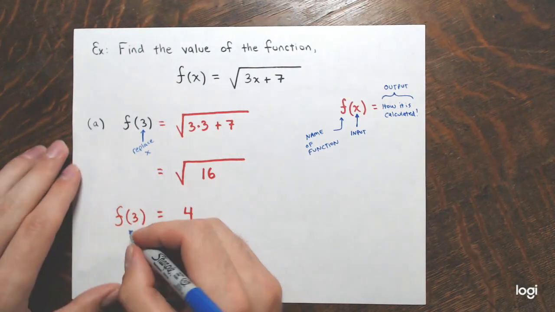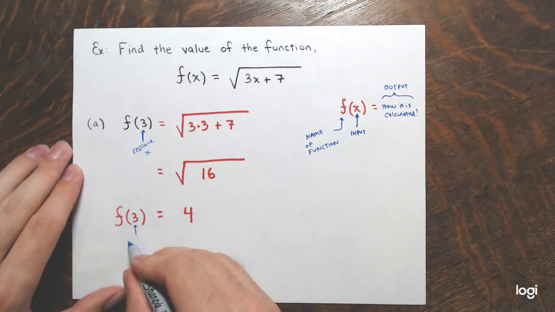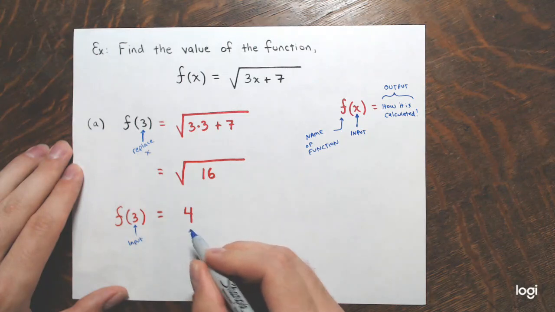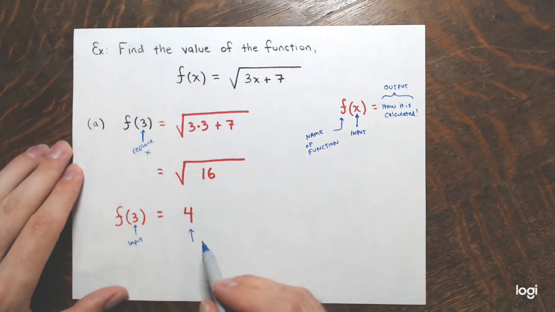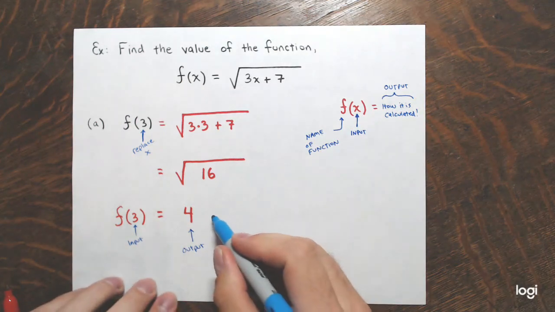So as I've said, after the name of the function, after f, that's the input. And then what's over here is what f of 3 is equal to, that's the output. And one other refresher, hopefully this rings a bell as well from a previous video on functions I put up.